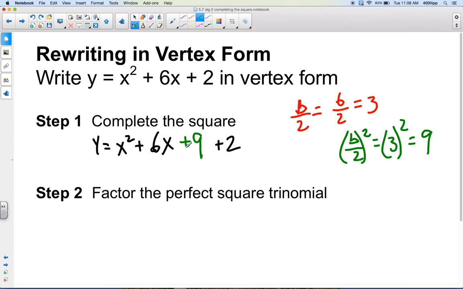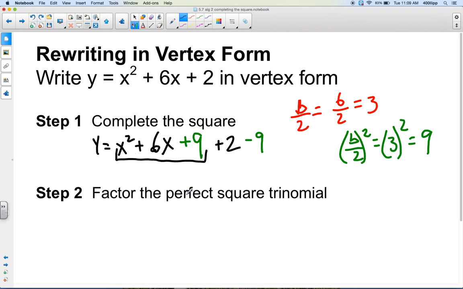So after you add a value here, this 9, if you add it to this side, instead of adding it to the other side, we're going to also subtract 9, because then you're not changing the equation. What you're doing is you're just canceling it out. But for this part, this is going to help us with factoring this part of the trinomial.